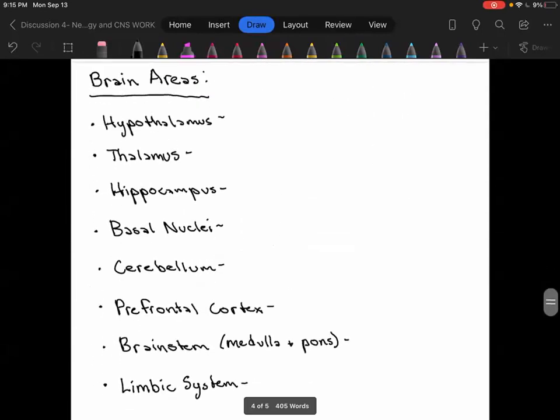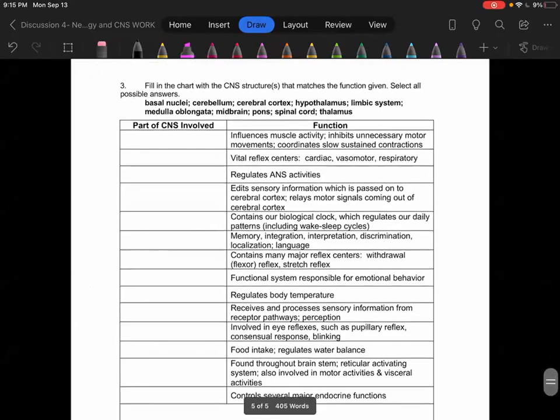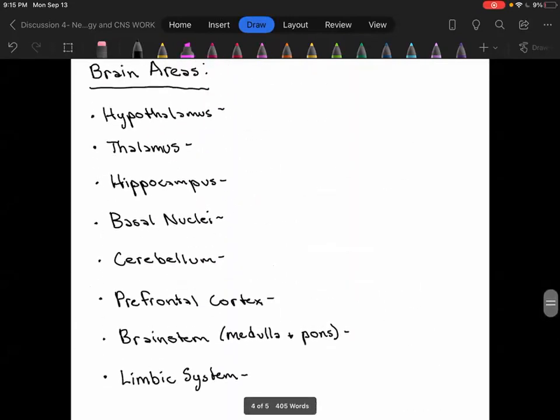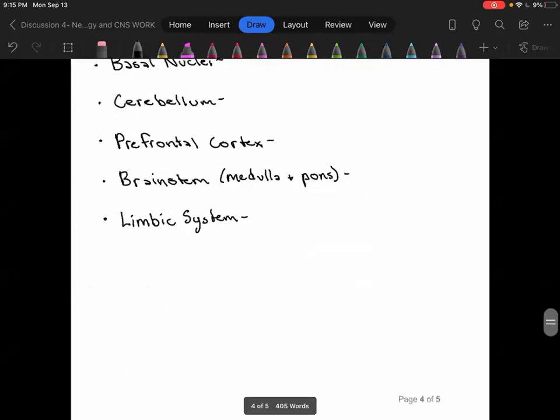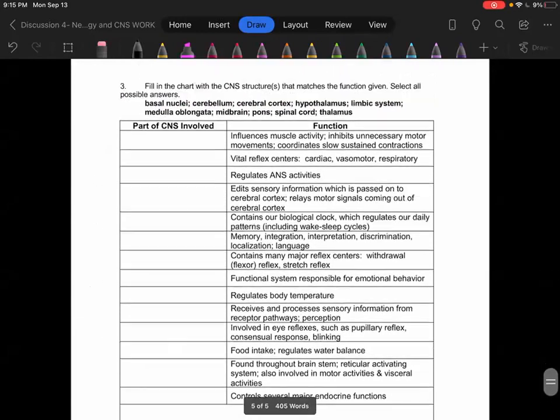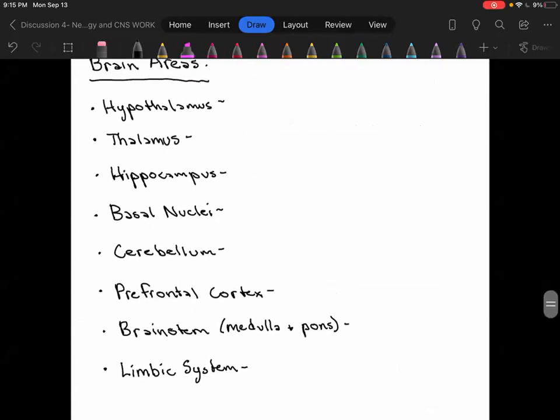So lastly, before we fill out this chart, I just wanted to put our different brain areas' functions into like 1 or 2 words, because I think these long definitions are pretty hard to memorize, but if we have a general overview of what each area does, it will help you remember it easier.